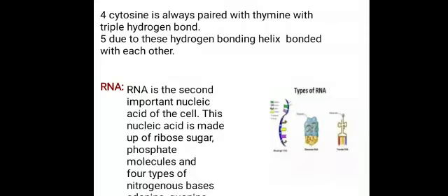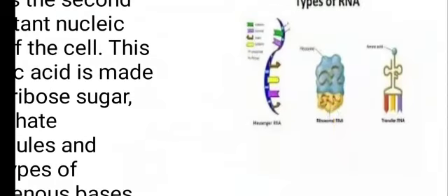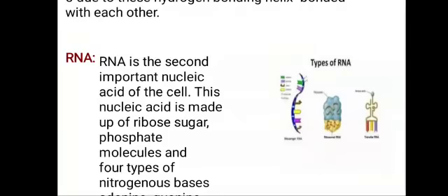You all know which nitrogenous bases are present in RNA: adenine, guanine, cytosine, and instead of thymine in RNA, uracil is present. Then the types of RNA are mRNA, tRNA and rRNA.